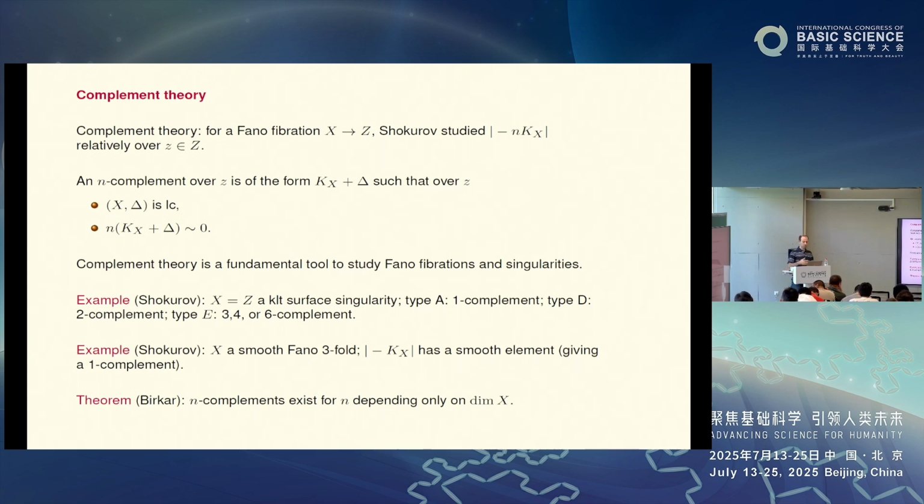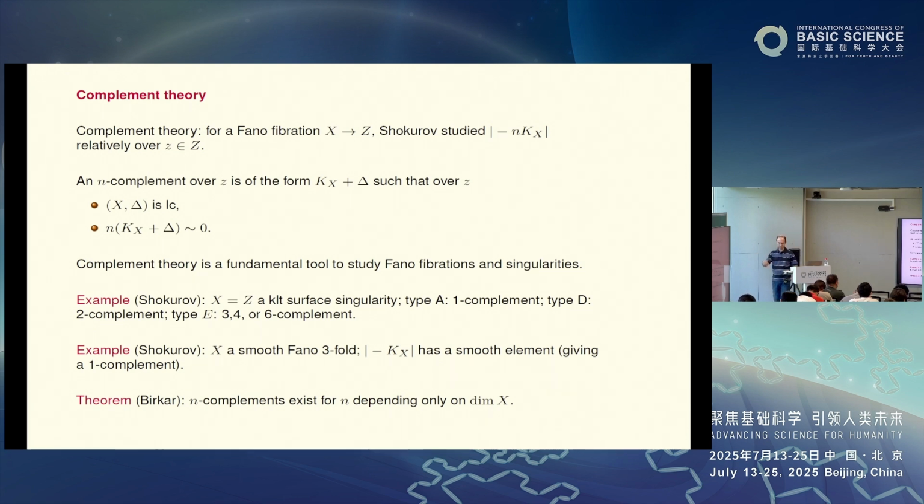In order to understand your variety, you have to take all the multiples, or you have to take multiples large enough to capture the geometry. Minus k alone is not enough. You need to take minus 2k, minus 3k, maybe minus 1000k. It depends on your situation. So complement theory is basically this machinery, this technology.